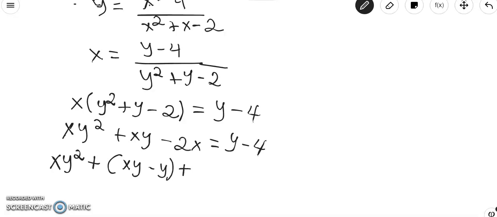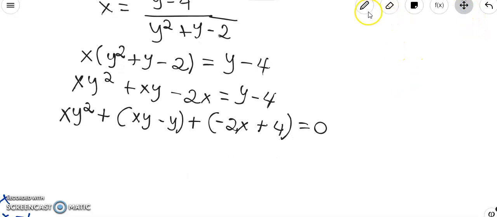Plus, lahat ng mga walang variable na y, pagsasama-samahin natin. So, kopyahin natin ang negative 2x. Tapos yung negative 4, lipat nyo sa left side. So, magiging positive 4. So, is equal to 0. So, quadratic equation na siya in y. So, gagamit na tayo ng quadratic formula.